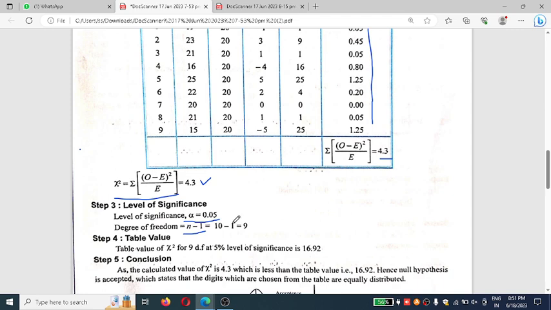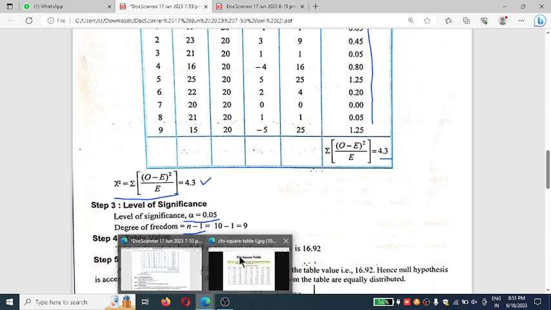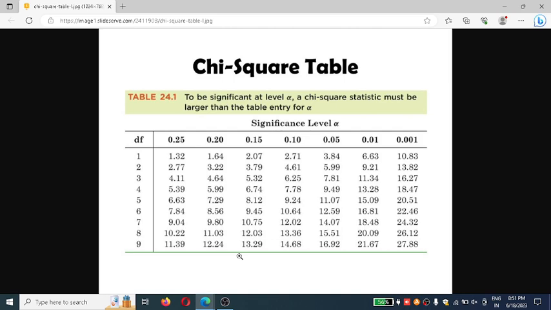Now for 0.05 with 9, we will see the table. We have a chi-square table in your book, on the last page, students, just check it out. This is the 0.05 column, and this is the 9th row.